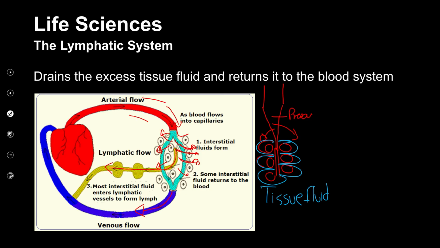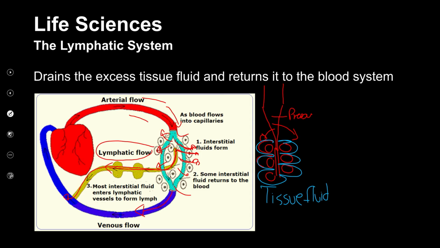So this lymphatic system, this lymph, is going to transport this excess fluid and return it to the blood, and the volume is going to stay the same. Also, as you can see, it doesn't have the high water content of blood plasma.